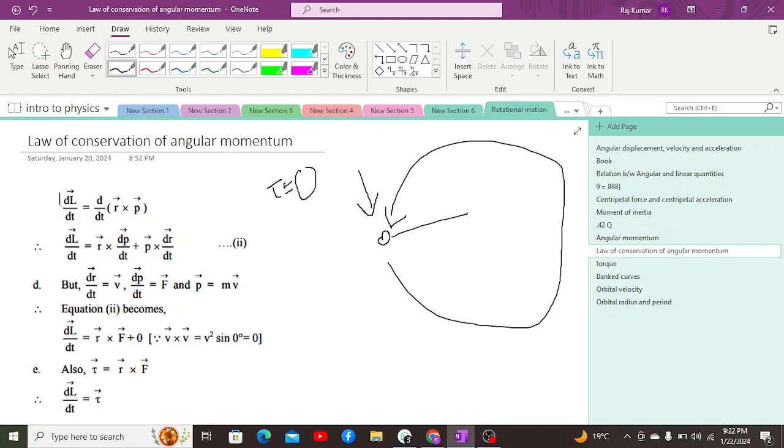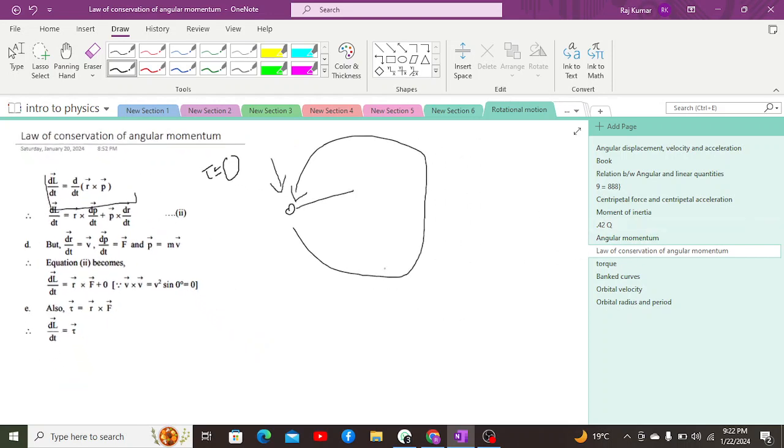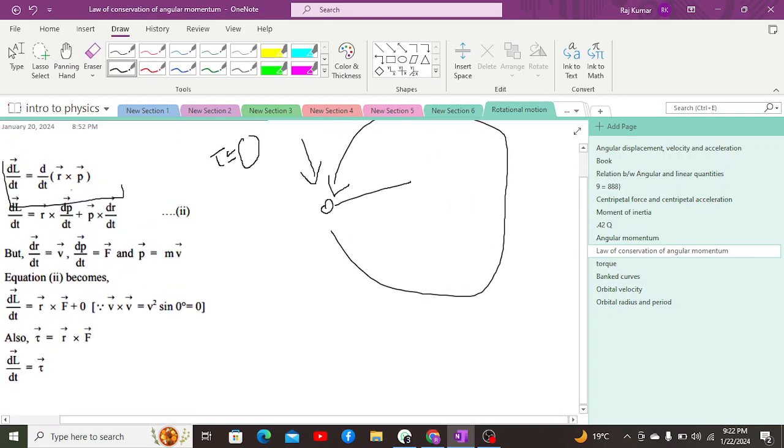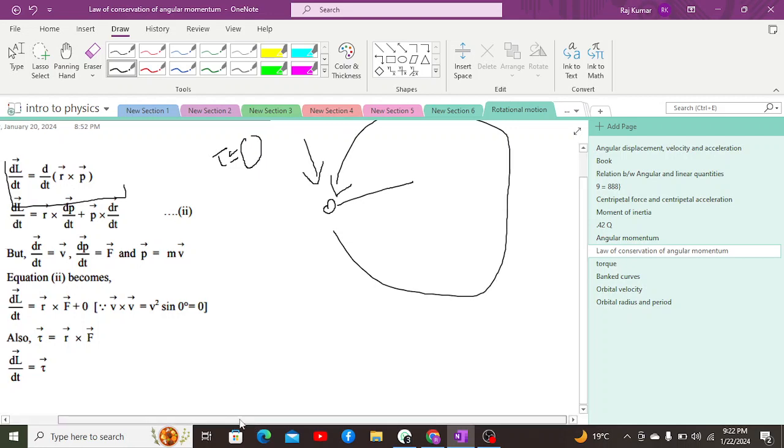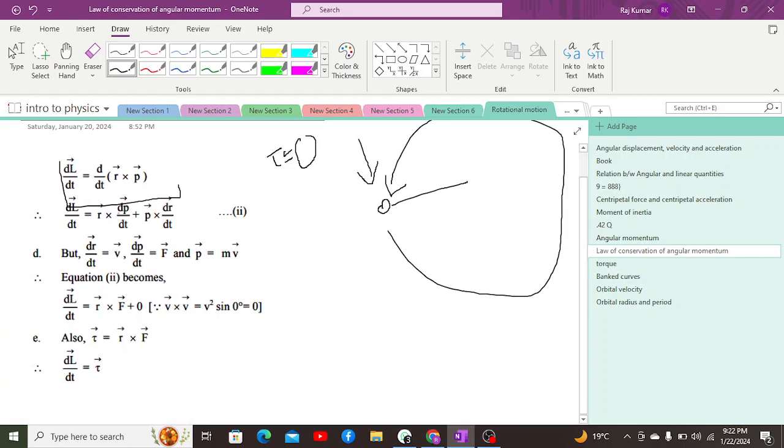Now, first we apply an increment, and once we divide by delta t, we have our answer as delta L upon delta t equal to R into delta P upon delta t. Now, we know there is a theorem in maths that if you multiply delta P and R, then delta R into P plus delta P into R will give us the same result.